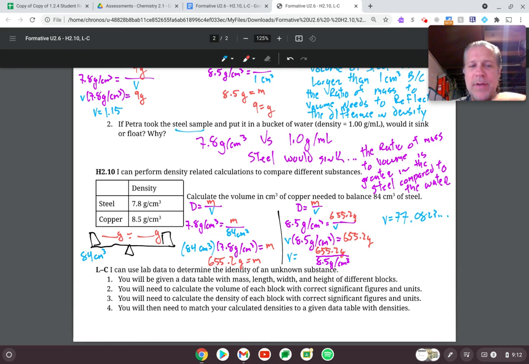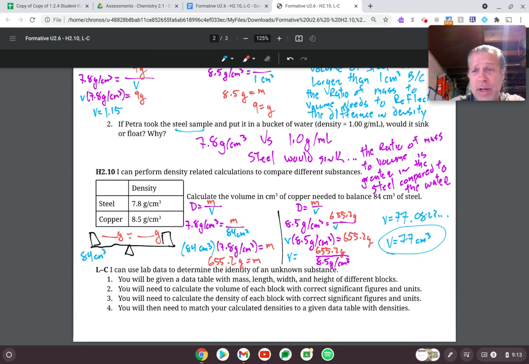In this case, sig figs tell me that I started with 2 sig figs, so I needed to end with 2 sig figs in all cases. So my volume here will be like 77, and it'll be centimeters cubed. So those are the steps that a person would need to go through to make sure that you can balance something when you know a density, but you don't know the object's mass.